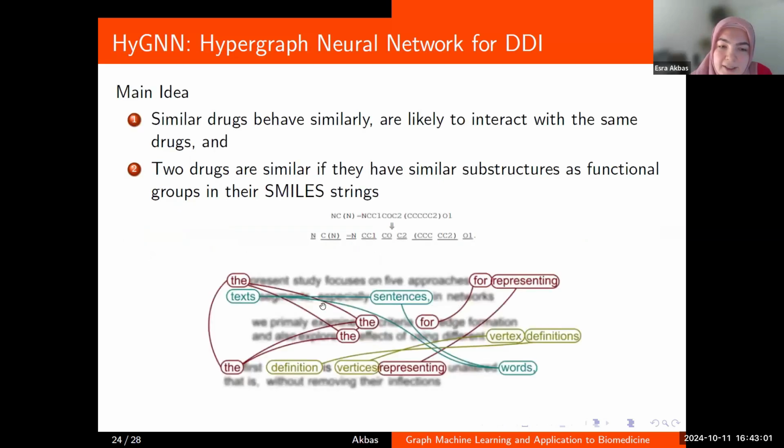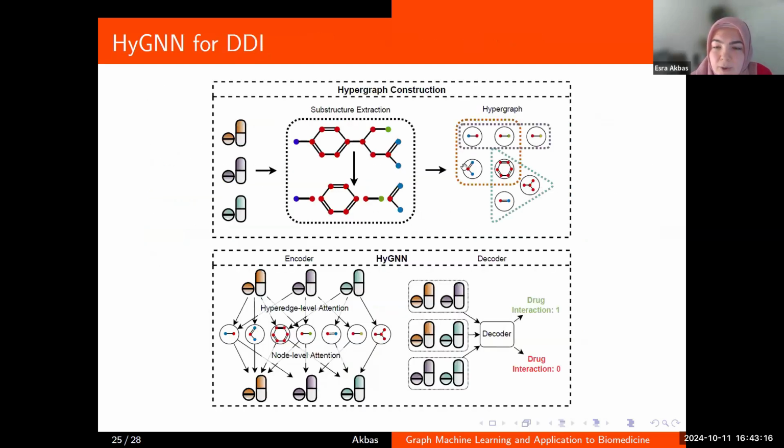Like with a sentence, when we look at text, if they share many words, they will be similar. So we use this idea for the molecular structure, which is the SMILES string of the drug. We define their similarity based on these substructures, and we create the graph.